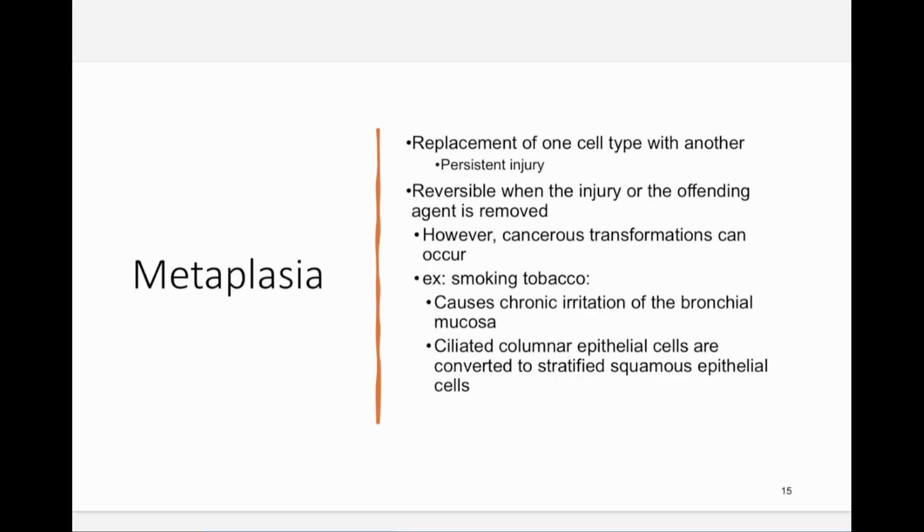Metaplasia, replacement of one cell type with another, again, due to persistent injury. Reversible when the injury or the offending agent is removed. What's an example of this? Something that people do to themselves that causes cell types to change from one to another. Smoking. Okay?